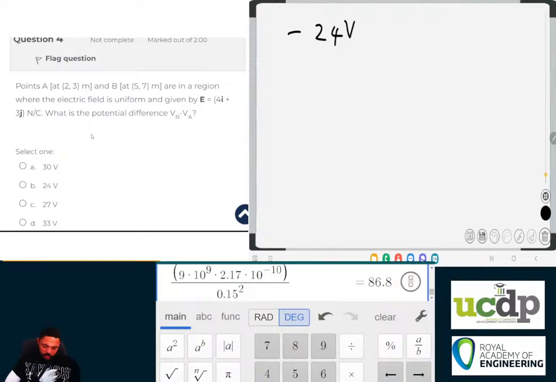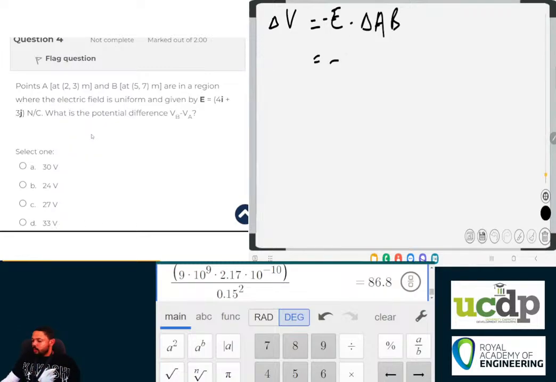Sorry, I forgot something when I wrote down the formula. Let me just rewrite it again. The change in the voltage from A to B is equal to the negative of the electric field dotted with delta AB. Let me just call it delta AB, so as not to confuse, the distance from A to B. You can call it d as well.